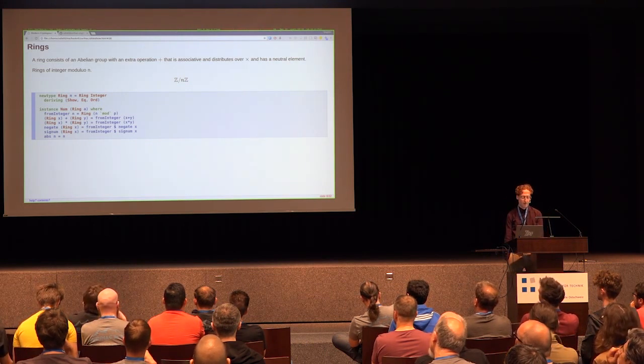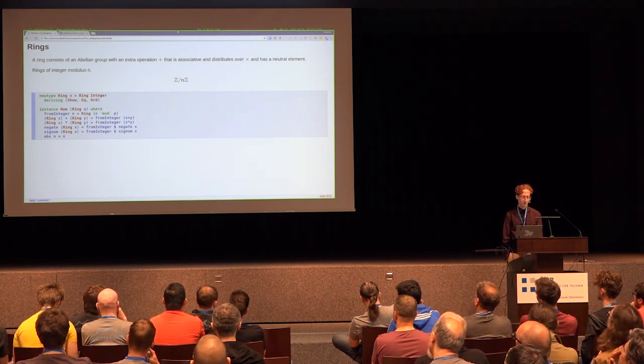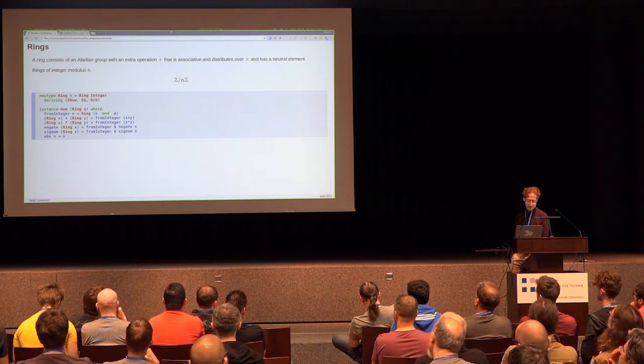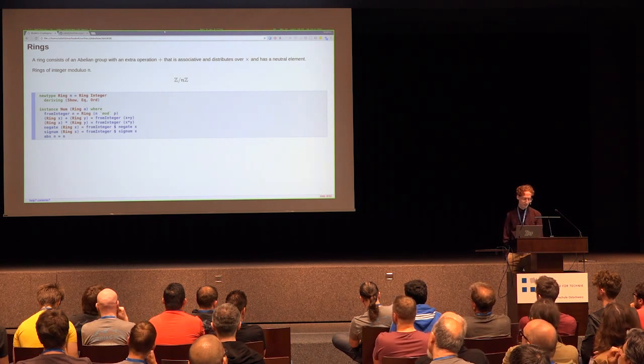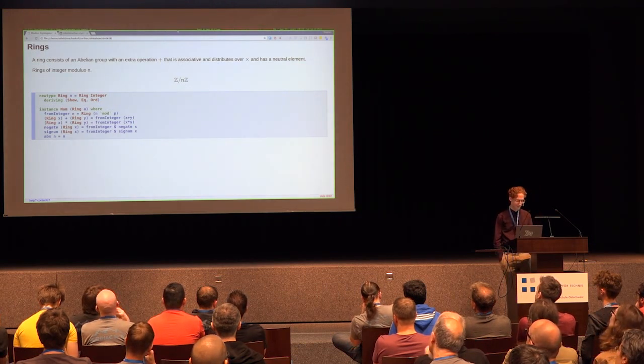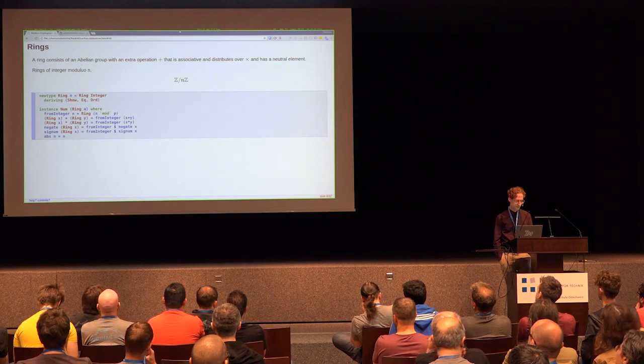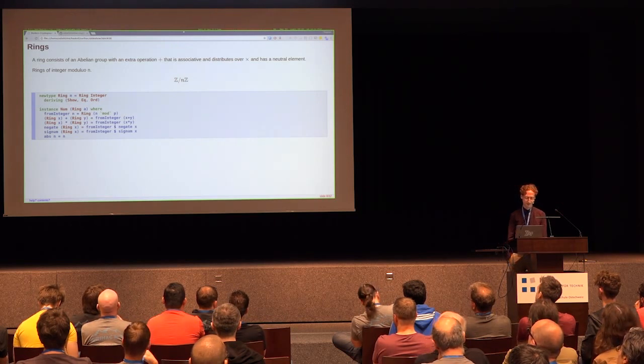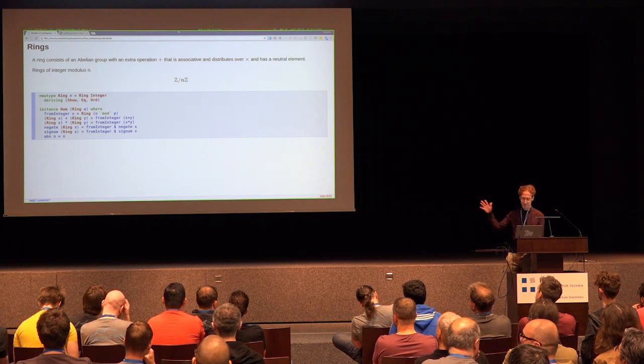In order to construct the rings that we're going to use for elliptic curves, we implement this as a ring newtype over an integer, and then implement all of the arithmetic operations such that they perform the operations modulo p.